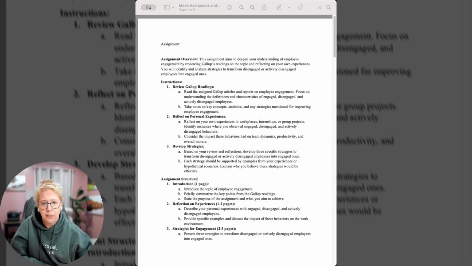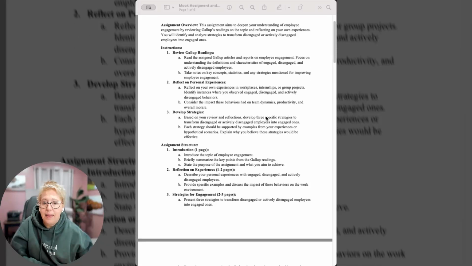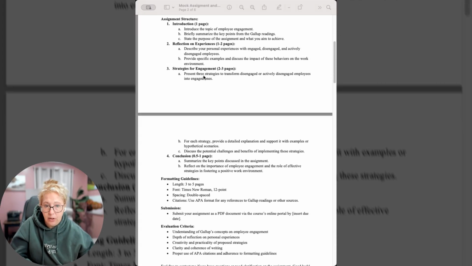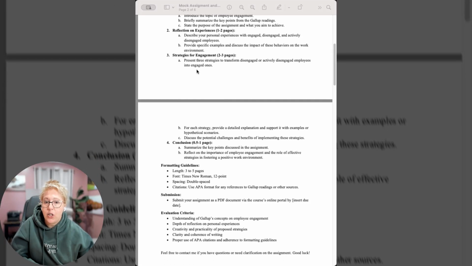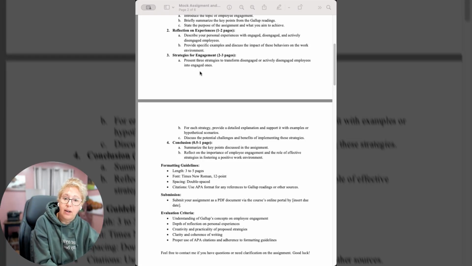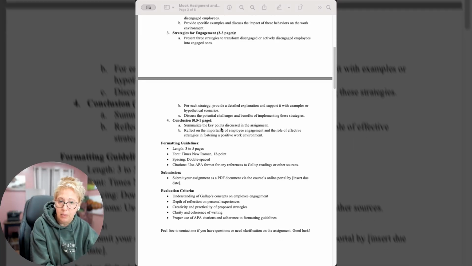There's an assignment overview, instructions on what the instructor expects, and then the assignment structure: introduction, reflection on lived experience with the particular subject, which is employee engagement, and then strategies for employee engagement, shifting from employees who are actively disengaged or disengaged to improving their engagement to being engaged employees.